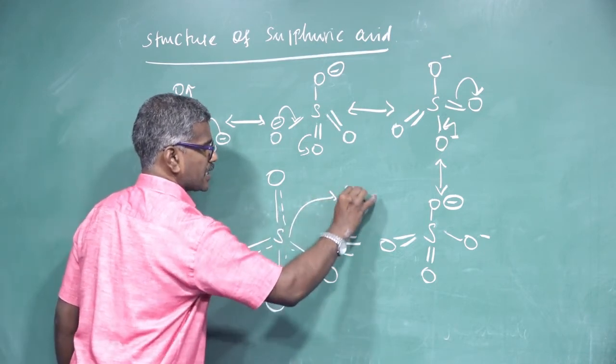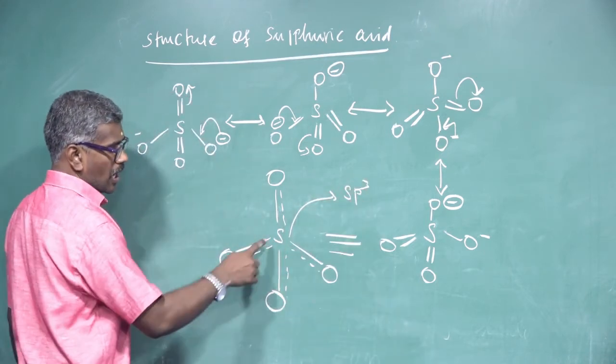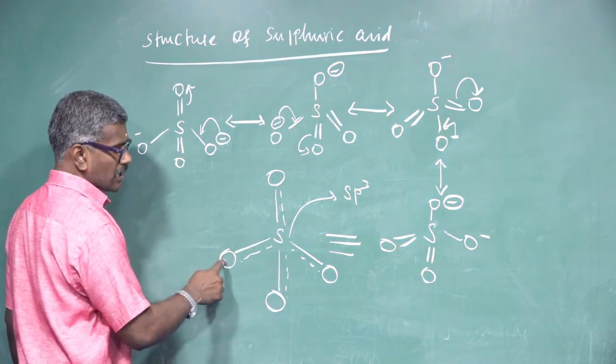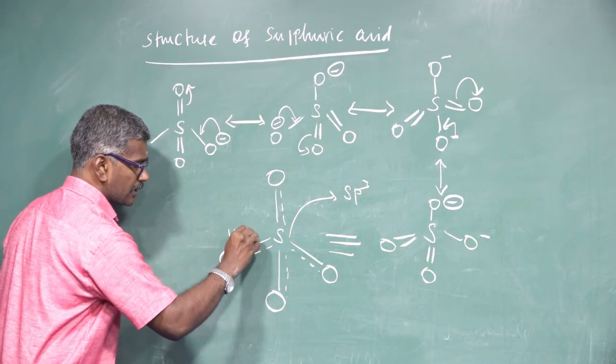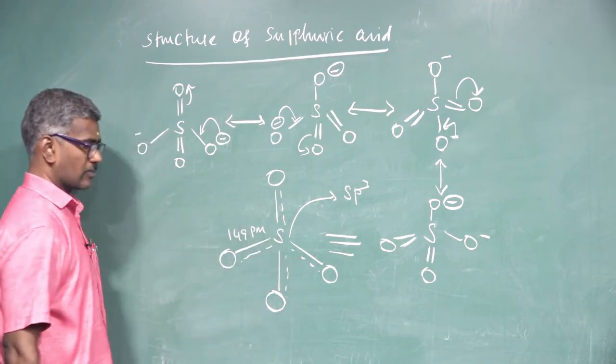All the sulfur and oxygen bond lengths are equal, 149 picometer.